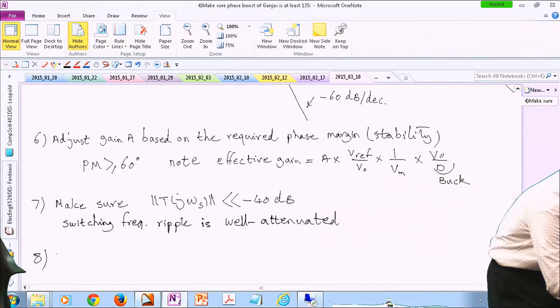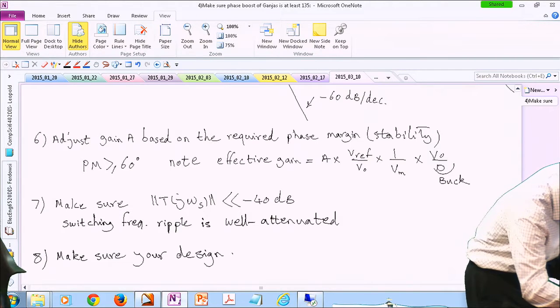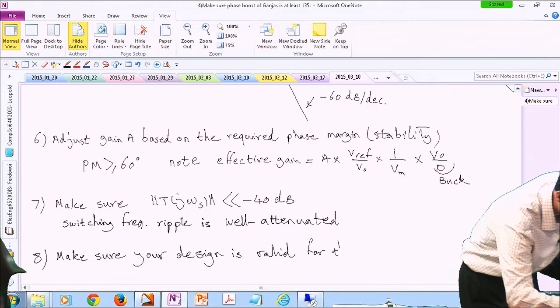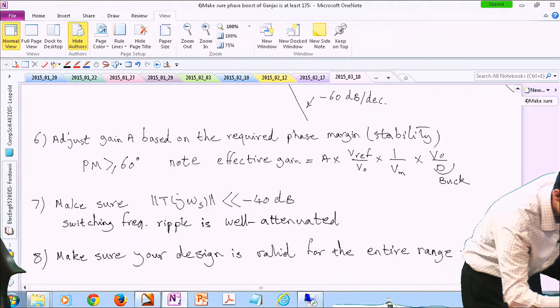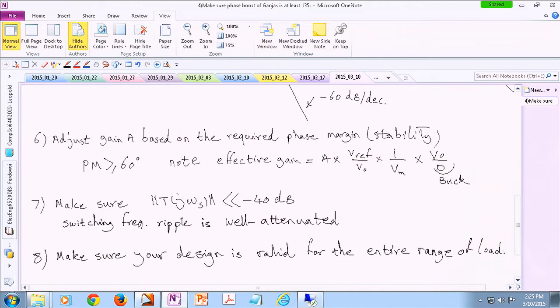So you just got to make sure, if you have a load that is variable, you put some of the numbers that you have for your load in your design, and see if they all work. Okay, they all work.